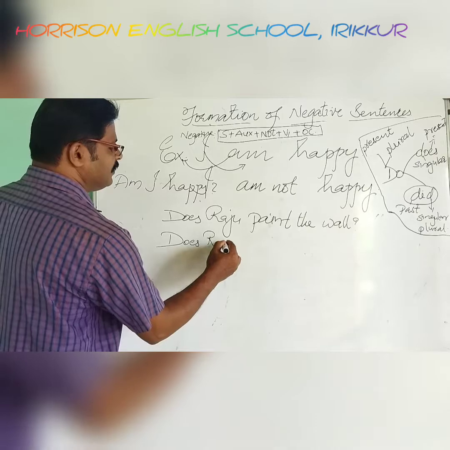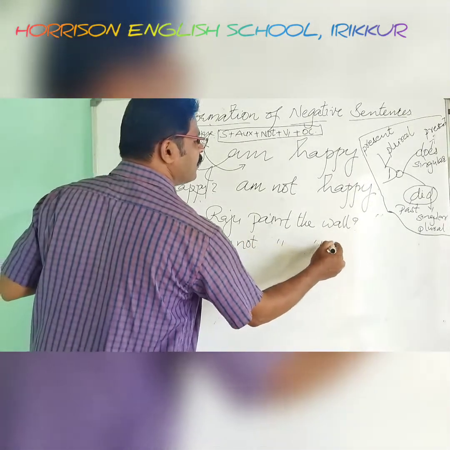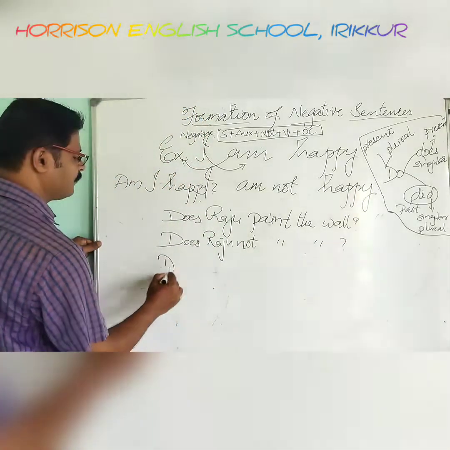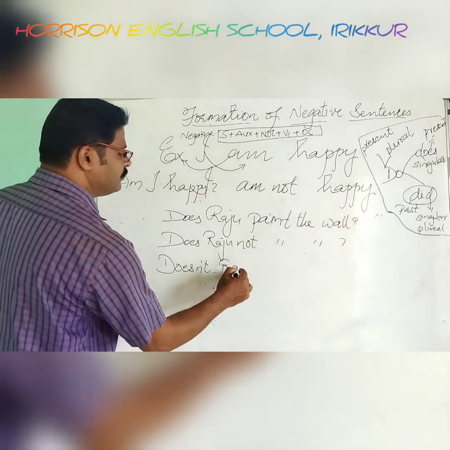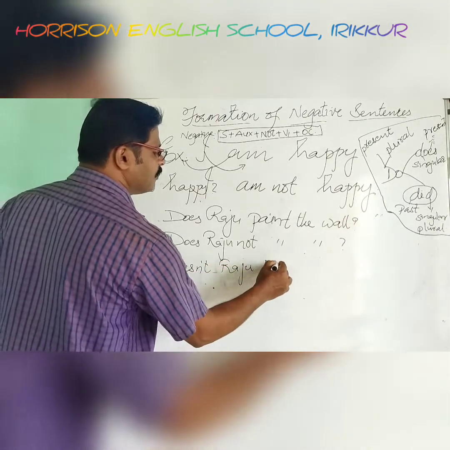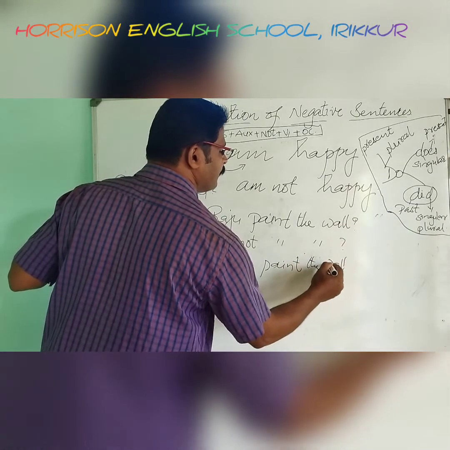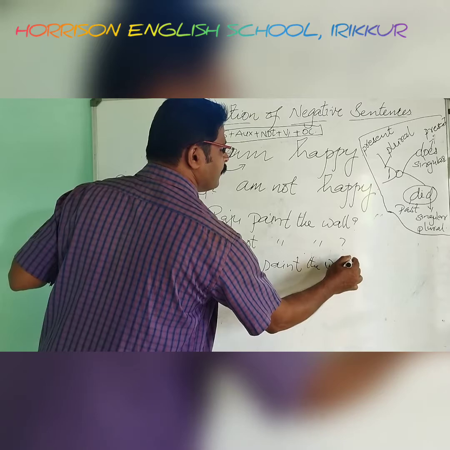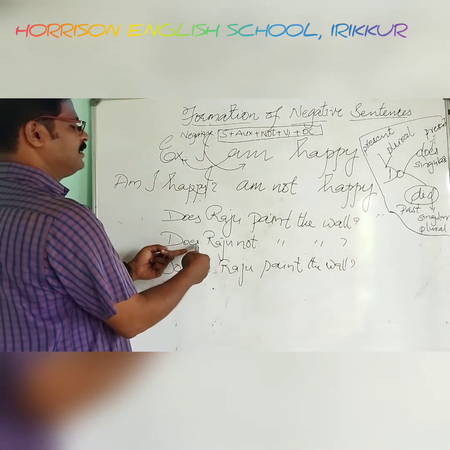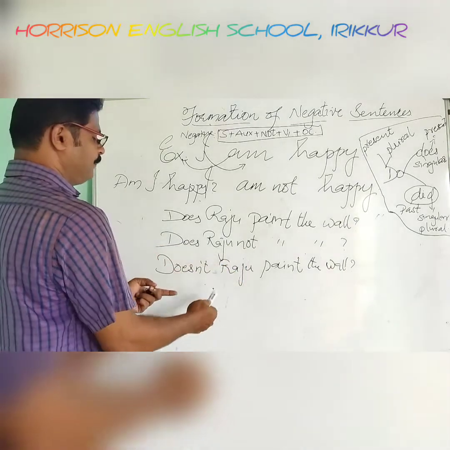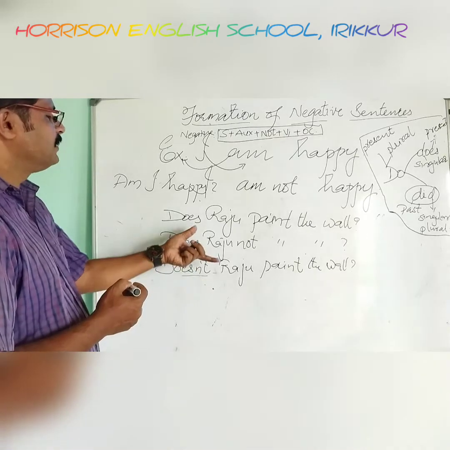Does Raju not paint the wall, or doesn't Raju paint the wall? So we can place the subject in between the auxiliary and not. Does Raju not? Or we can place them together, does plus not together. In both cases it is correct.